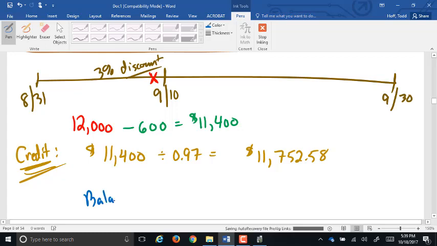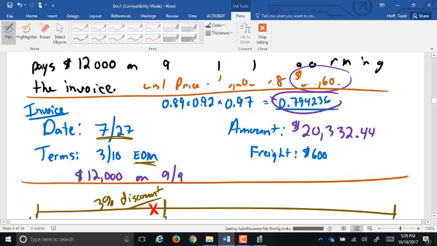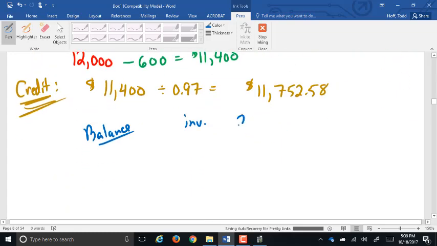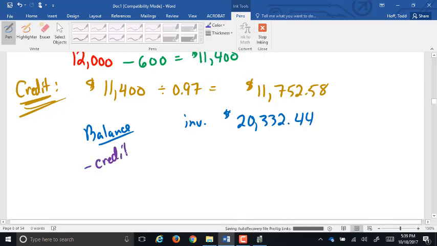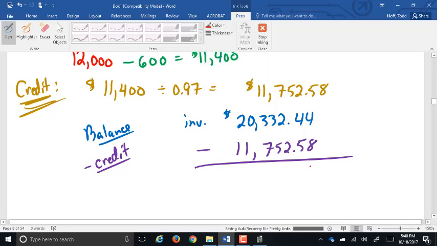So then to find the balance, we take the invoice amount, which was $20,332.44, and we are going to subtract the credited amount, which is 11,752.58, which is going to give us $8,579.86.